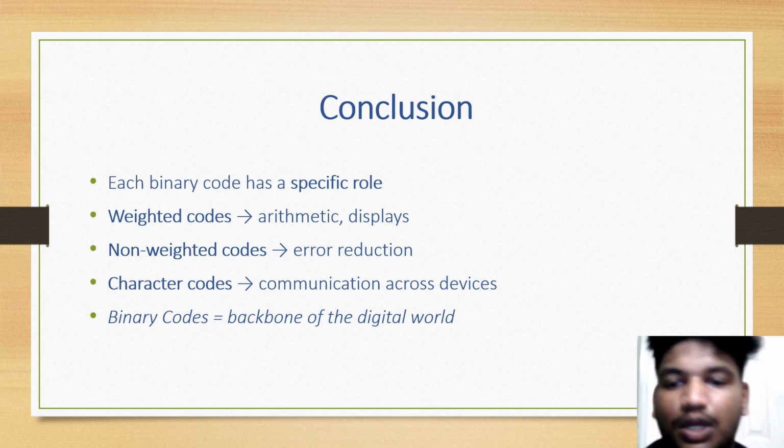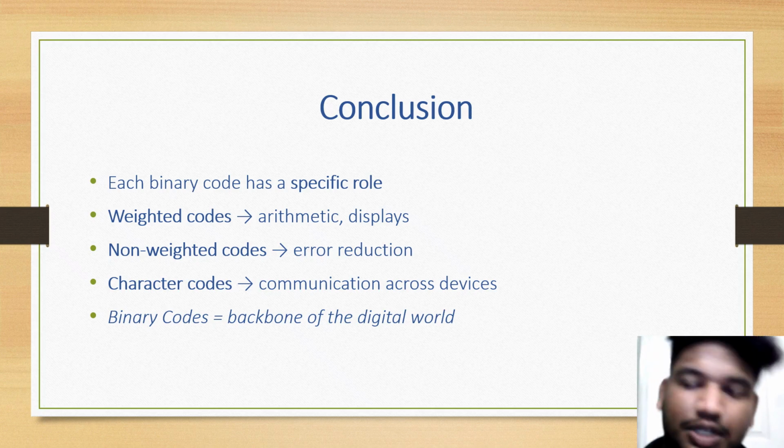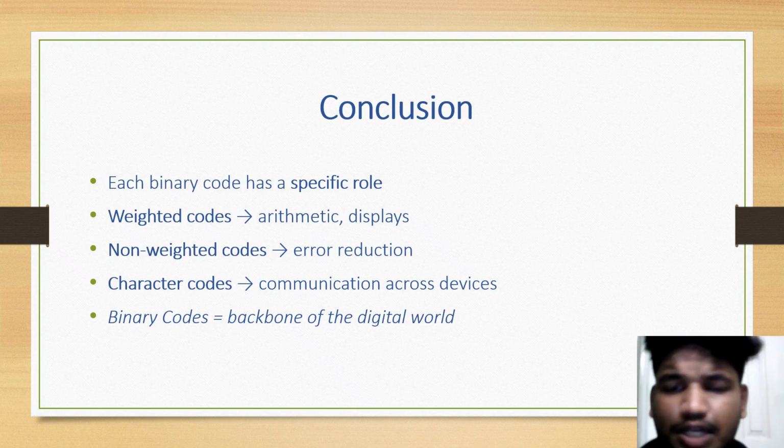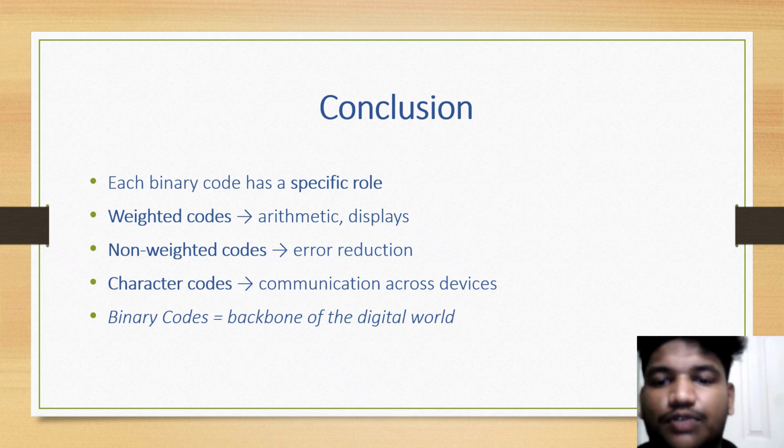It gives output. And error detection code: if we send any information from the transmitter to the receiver, we can detect errors. The applications of binary codes are that they are used in computers, calculators, etc. And this is about my topic, binary codes and types of binary codes.